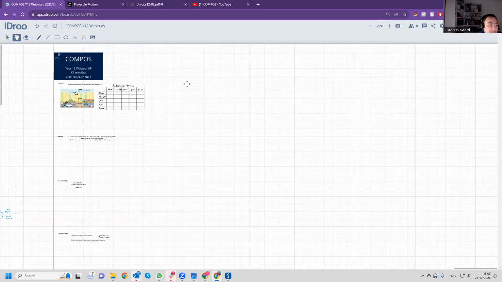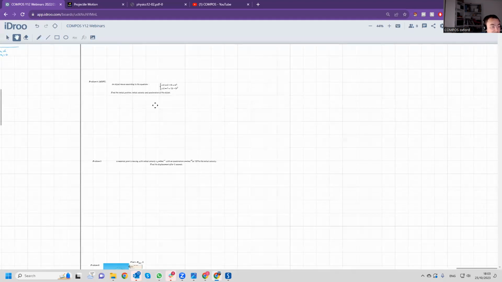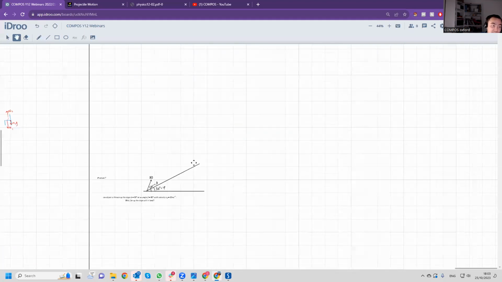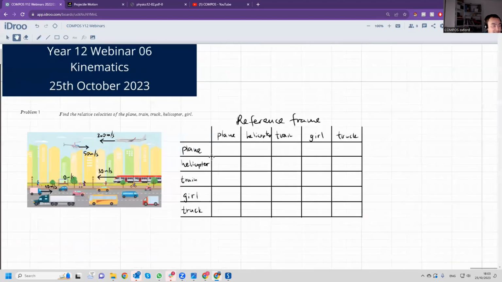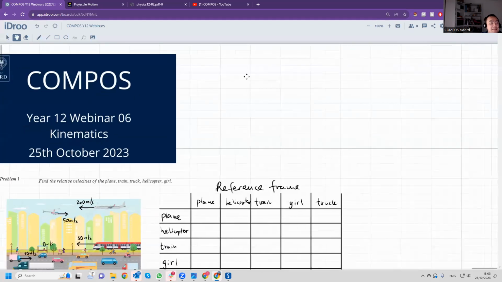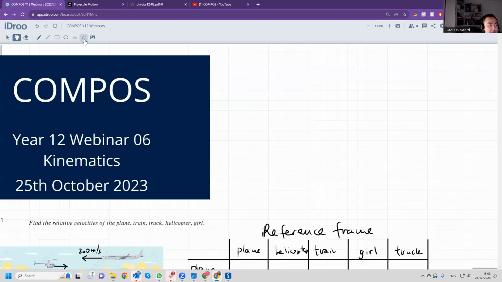So today we're going to talk about what is an equation of motion, what is a relative velocity, and we're going to do some projectile motion examples as well. So let's start. First of all, mechanics and kinematics. Let's do some definitions.